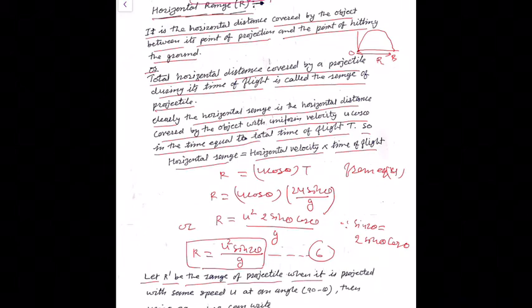Let r dash be the range of the projectile when it is projected with the same speed u at an angle 90 minus theta.